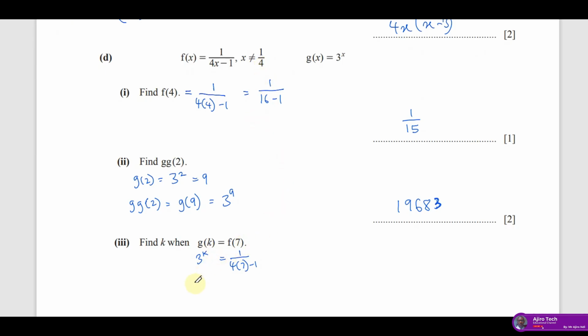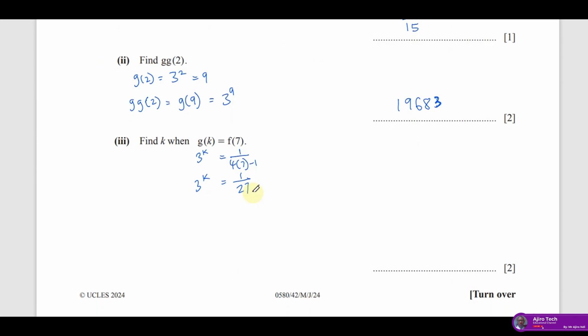So to solve this, 3 raised to the power k becomes 1 over 4 times 7 is 28 minus 1, 27. So I have this and I have 3. I can write this 27 in index form, since I know that 27 is 3 cubed. 3 to the power k is 1 over 3 raised to the power 3.